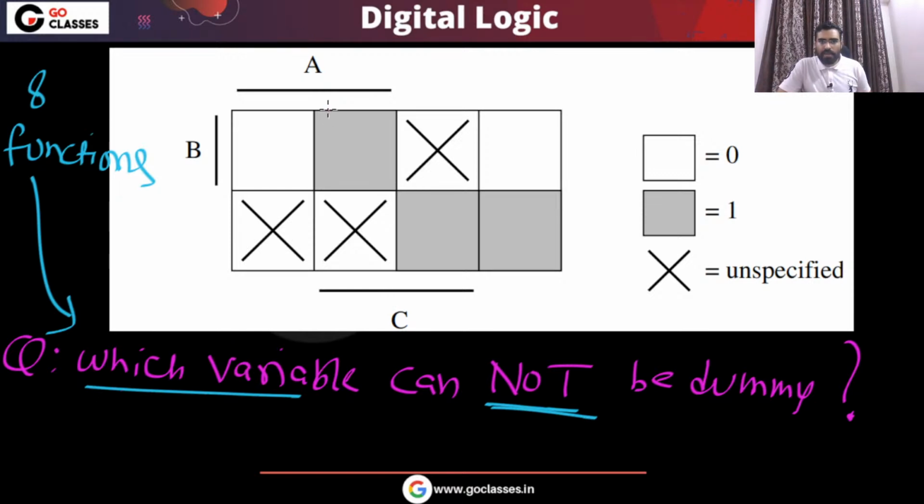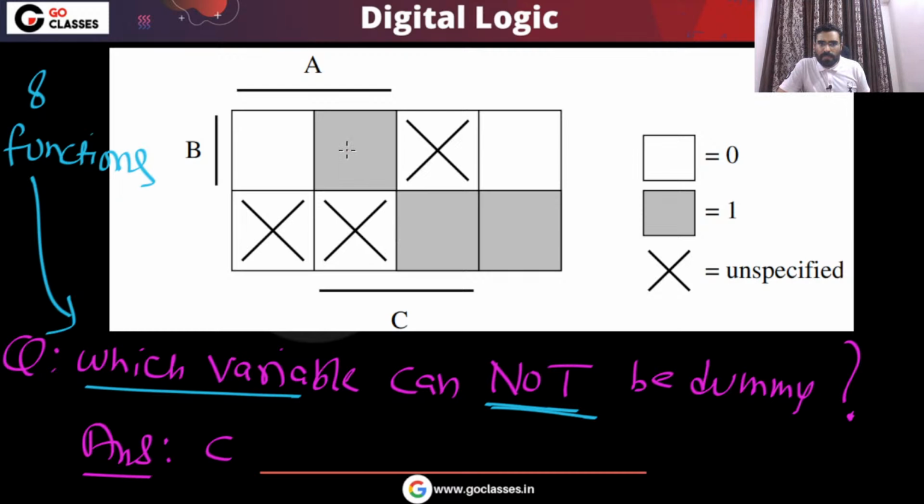You can check that variable c can never be dummy. The answer is variable c. See, why can variable c never be dummy?